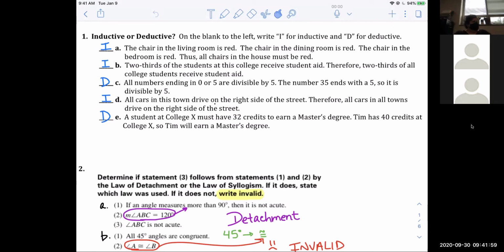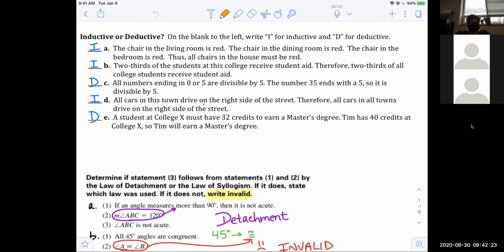Deductive is, here's given information and you're going step by step applying logic, rules, postulates, policies, properties to make a valid conclusion. So deductive is the step by step. Inductive is from the beginning of the chapter where you have a few examples and try to make a generalization. Like the chair is red in the living room, the chair is red in the dining room, so you assume all the chairs are red. That's inductive.